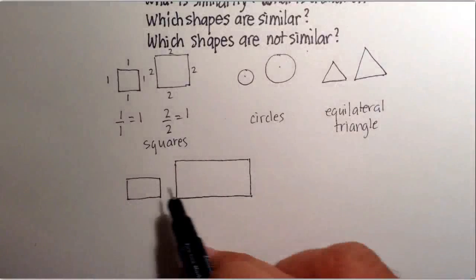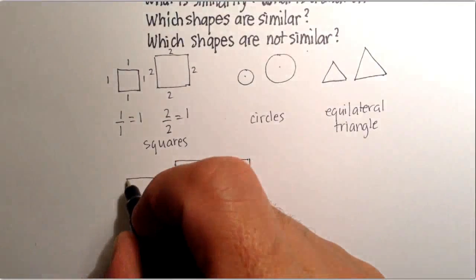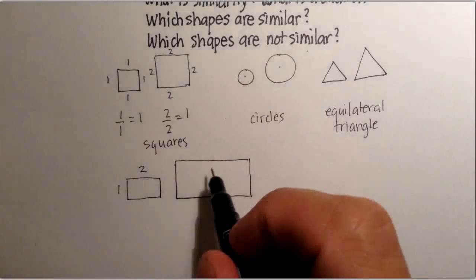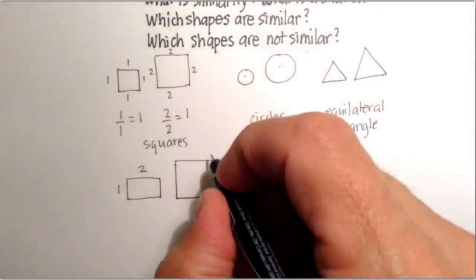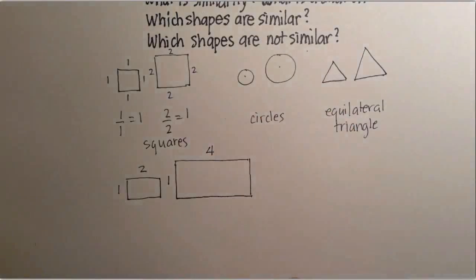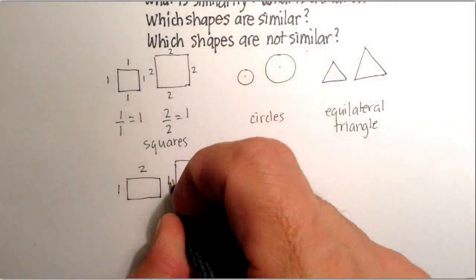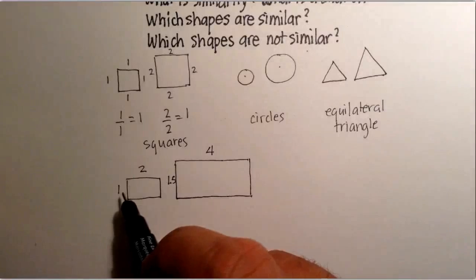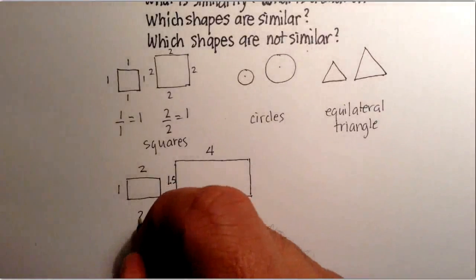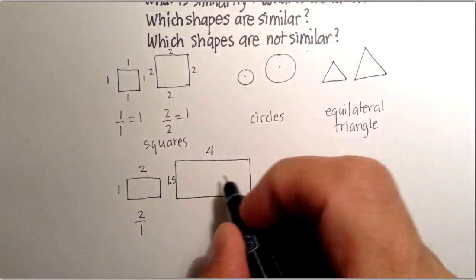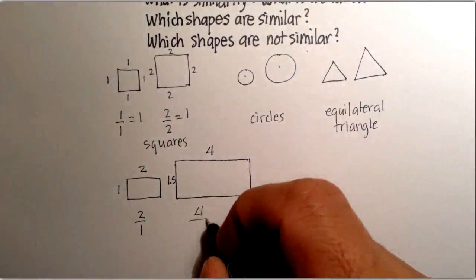But if I take two rectangles, let's say this side is 2 and this side is 1, but this side might be 4 versus this side, which might be 1.5. What's the ratio here? The ratio from side to side is 2 to 1. What's the ratio here? Long side to short side would be 1 to 1.5.